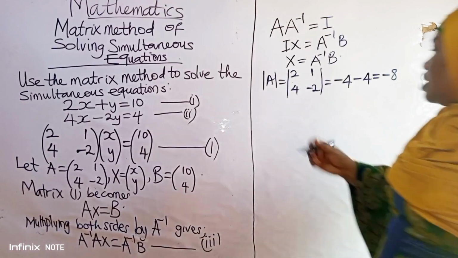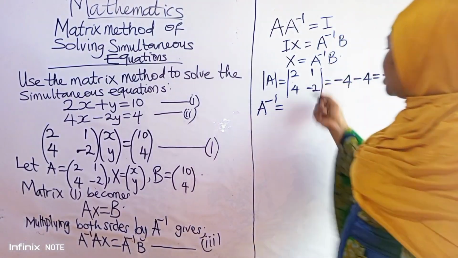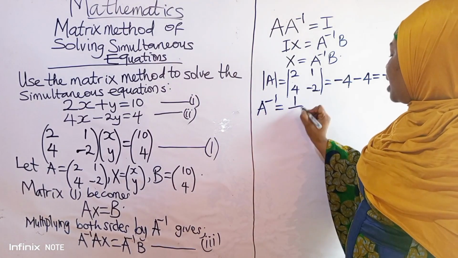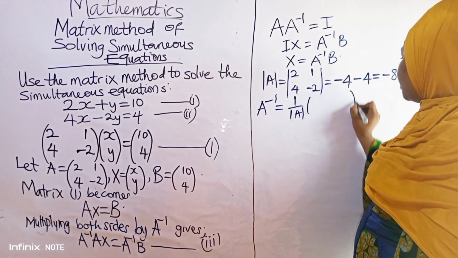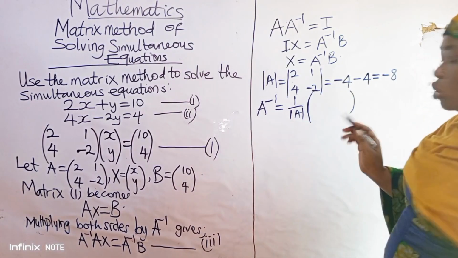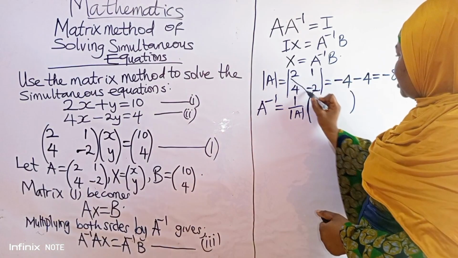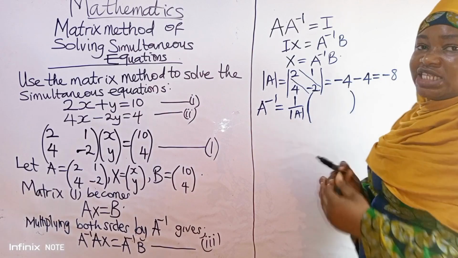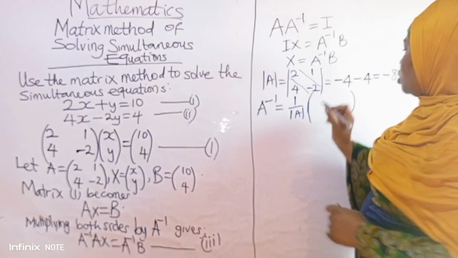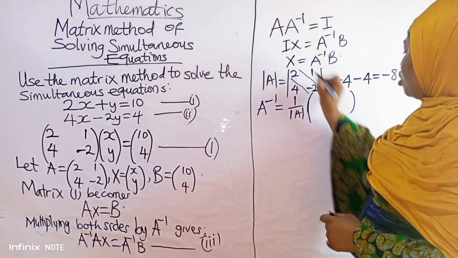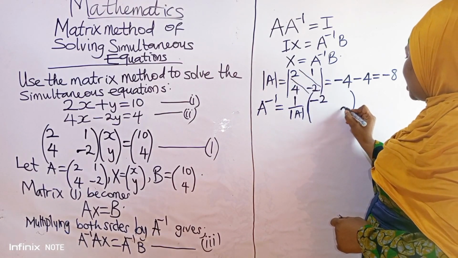After doing that, you can now come here and find its inverse. Its inverse will be 1 divided by the determinant of A, multiplied by, now go back to your matrix. The elements in the leading diagonal, let them be interchanged, you want to swap them. So this minus 2 becomes the first element and 2 becomes the last element.